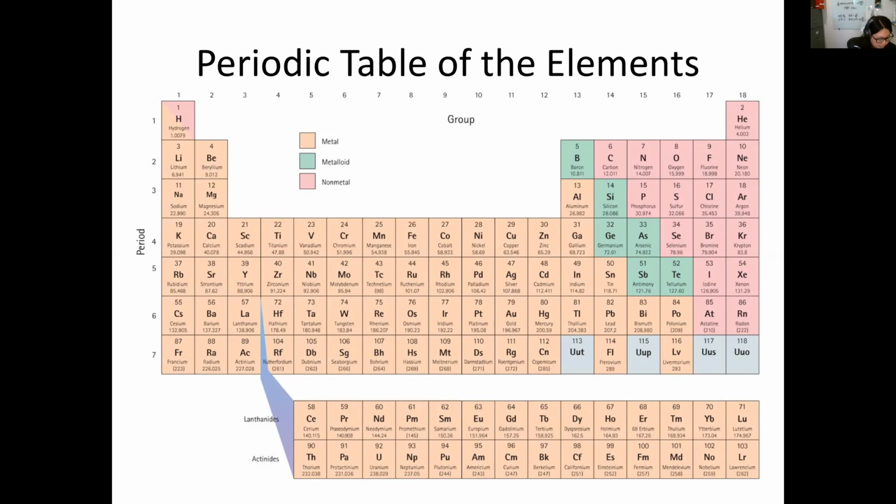So I hope you can see how to find the isotopes, and I'm going to ask you how to find the number of protons, electrons, and neutrons in an element by looking at a periodic table.